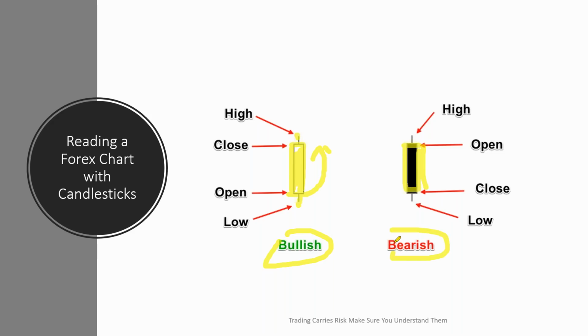So if you notice, we have the same information. We have the open, the high, the low, and the close in each one of our bar charts or our candlestick charts. They're using the same information, giving them to you in a slightly different picture format.